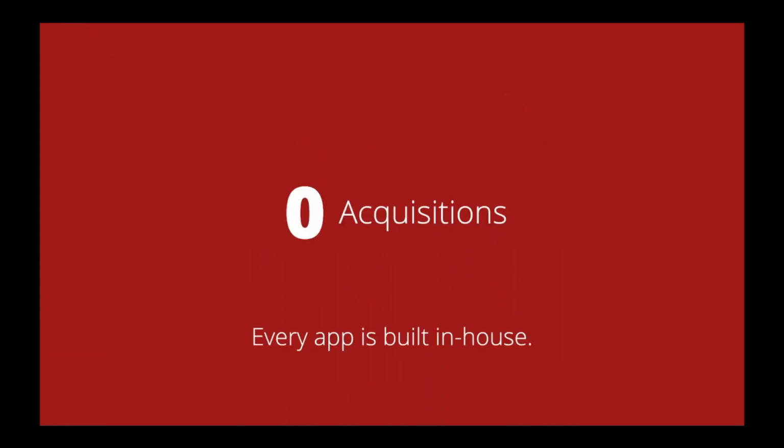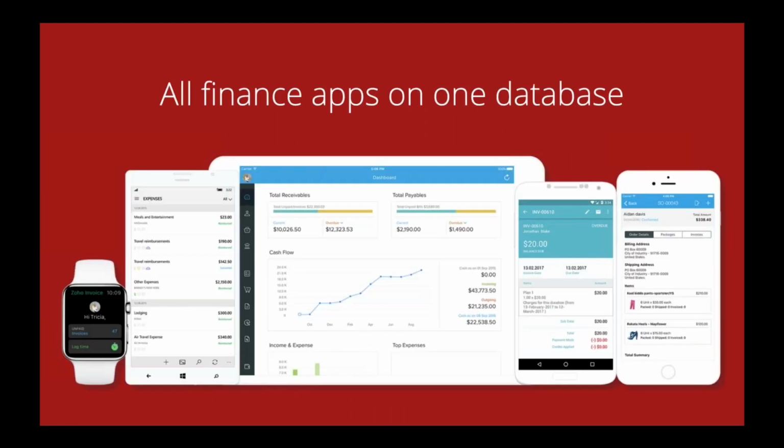Okay, so unified data model, I mentioned this already, but we have no acquired applications. Everything is built in-house. We do still have some legacy where we don't build every application on one database. The reason for that is because if we put every Zoho application on one database, it would be hecka slow and you would not want to use it.